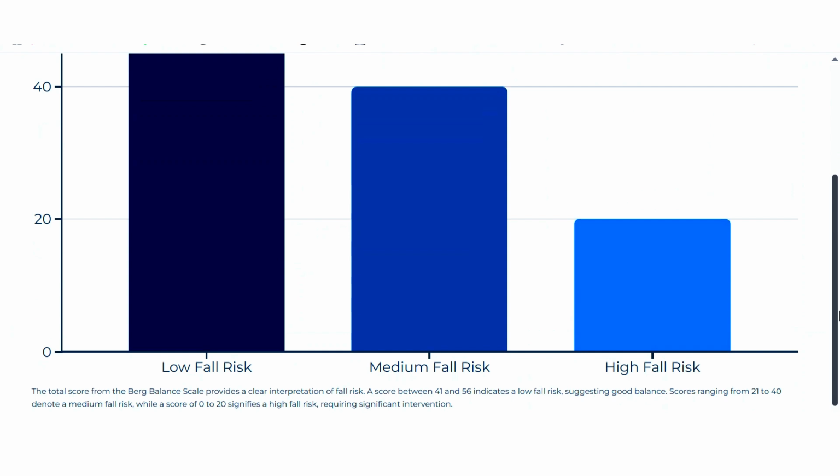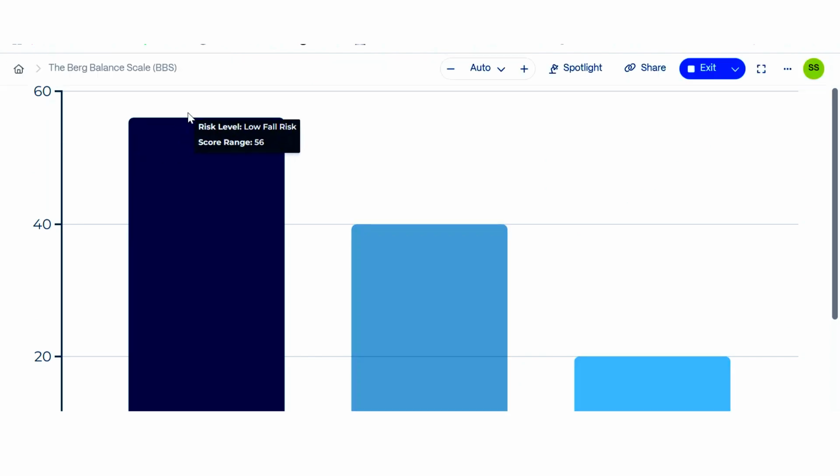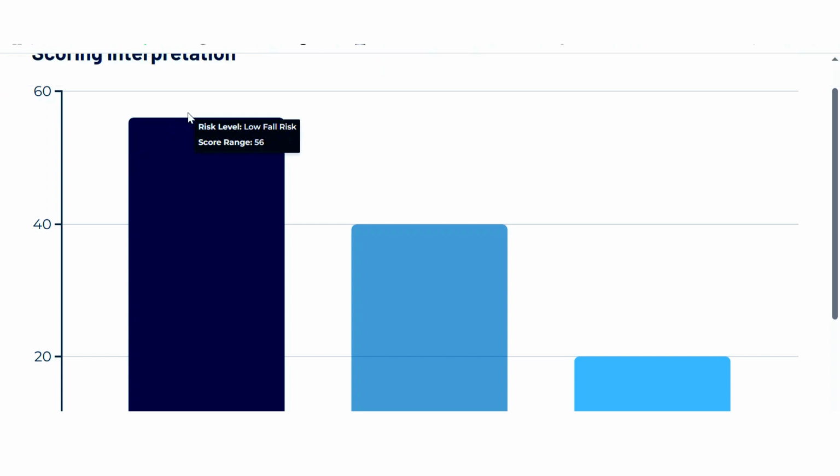So what is the total score for the Berg Balance Scale? As you know, 56. A score between 41 and 56, completely 56, if a patient ranges from 41 to 56, that means the patient has a very low fall risk.